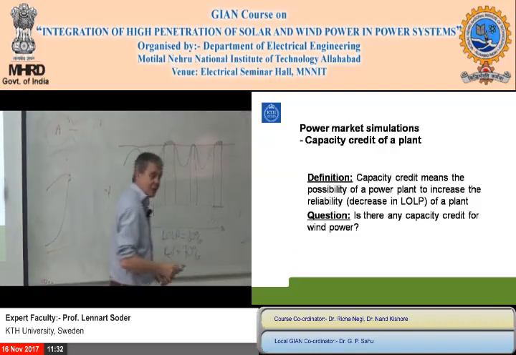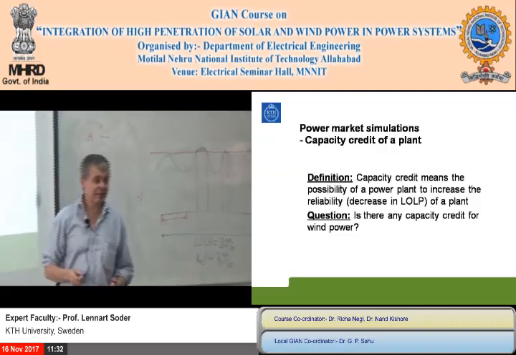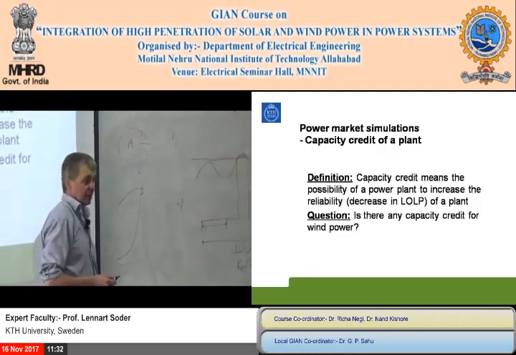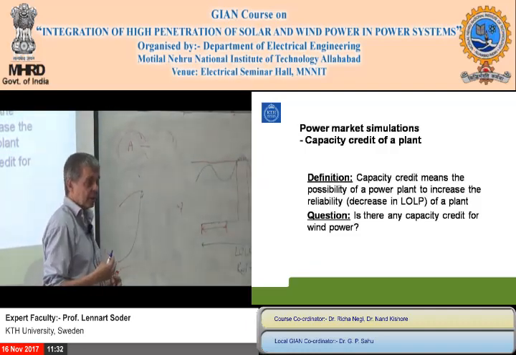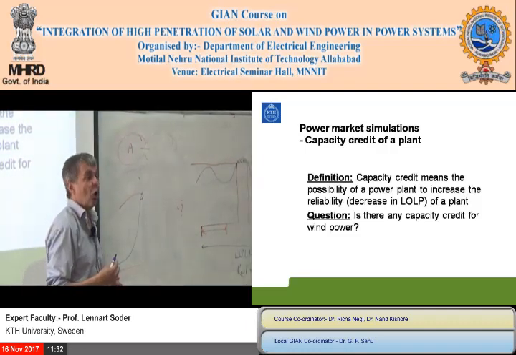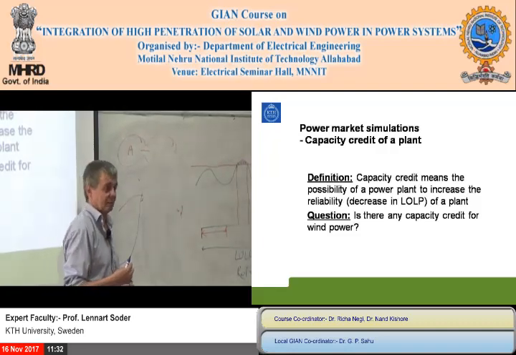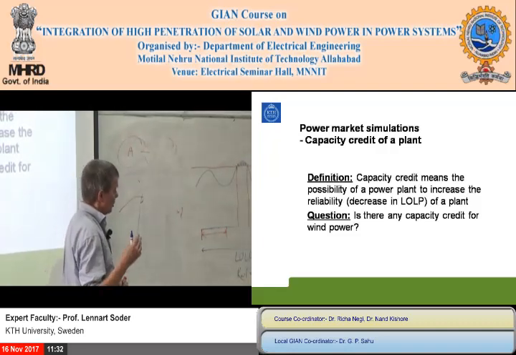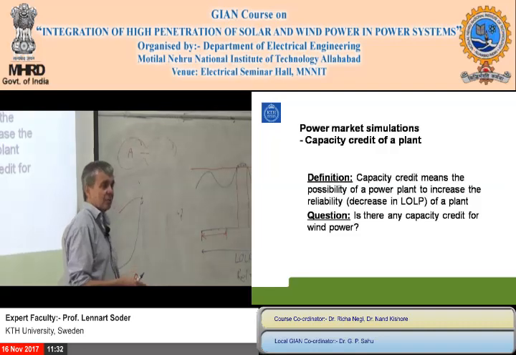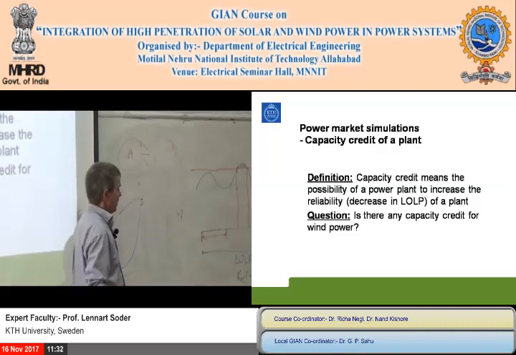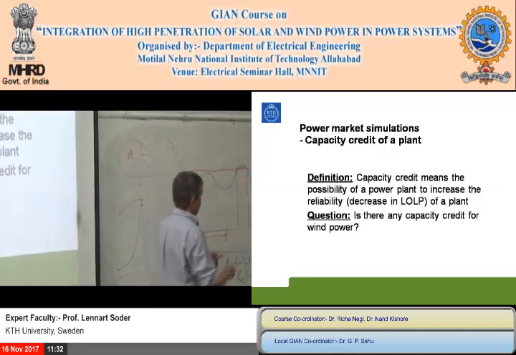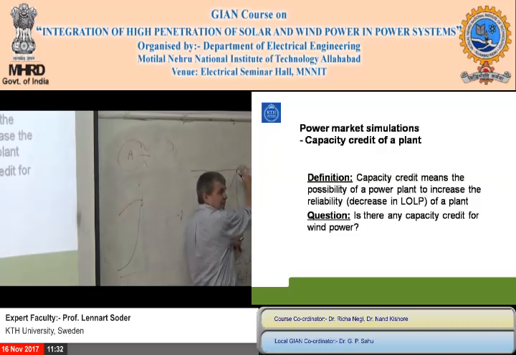Of course, seems extremely bad. Does that mean that the probability that I will get my electricity is only 70%? No, that's not what I said. I said that during 70% of the time we can supply all the consumers, but during 30% of the time we can only supply 95% or 99% of the consumers.